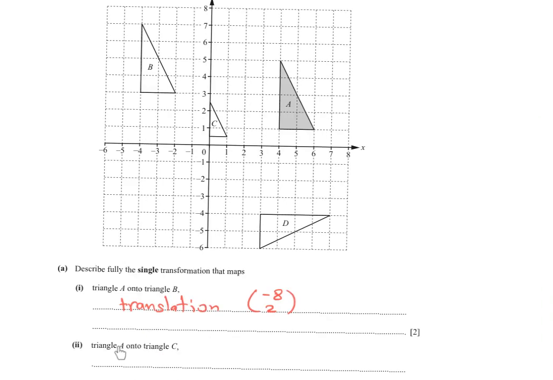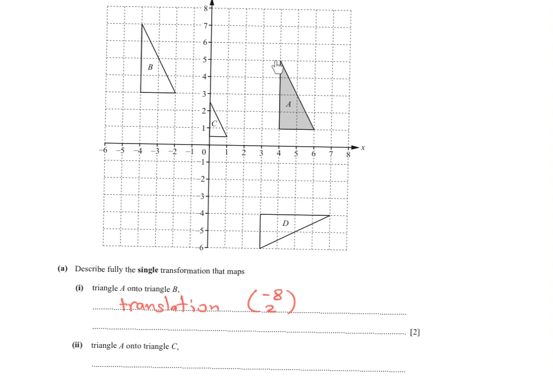Part two, triangle A to C. It is an enlargement by scale factor. This side is 2 and this side is 1, so the scale factor is half, because 2 becomes 1. How to find the center of enlargement?